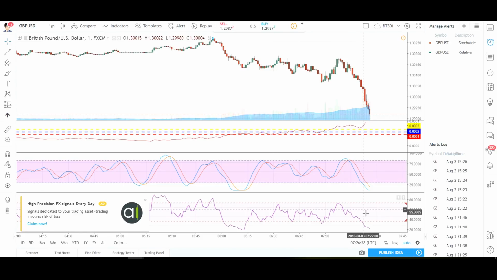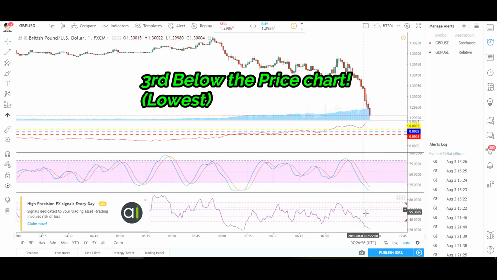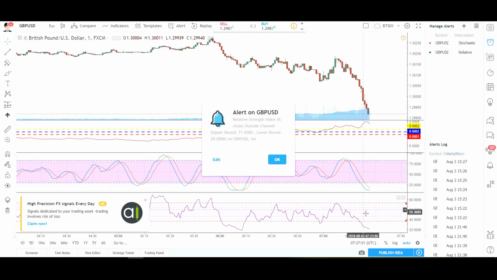So method 1 dictates that we should look at the RSI as well as the stochastic cross. The first criteria is the RSI must be outside the channel. As you can see, the RSI is the third graph in the areas way below. It is definitely way outside the channel, way below 30, and the stochastic is about to cross.